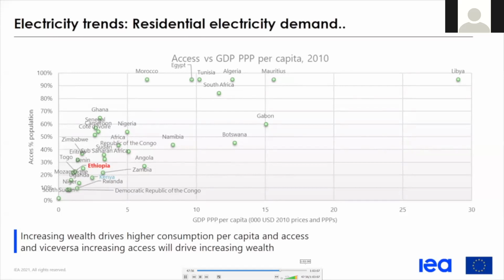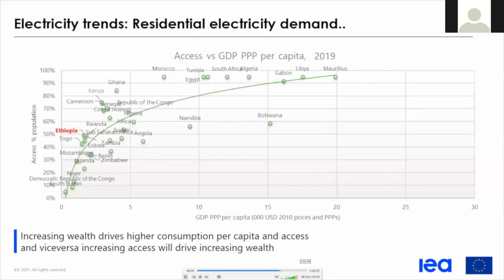So we can see in several countries between 2010 and 2019, for example here we can see Ethiopia, that with the access growing for the population, we have an increase of the GDP within the country. So both elements are connected in our data sets.